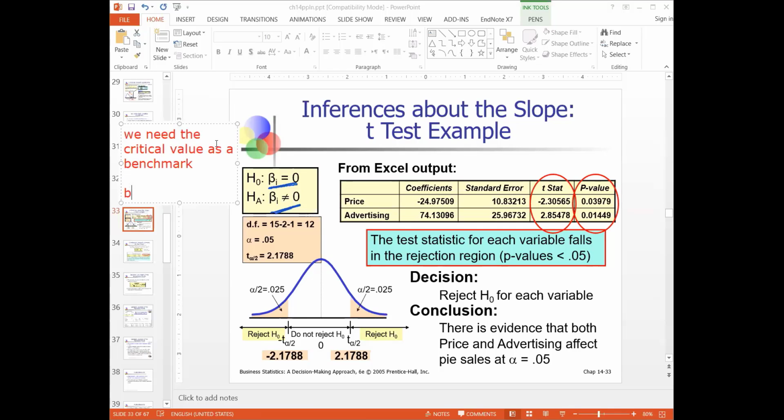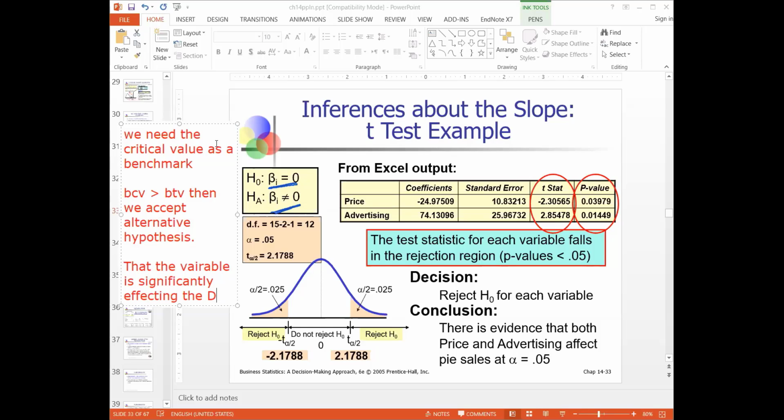And we already know if the calculated value is more than the table value, then we accept the alternative hypothesis. What does it mean? The alternative hypothesis is that the variable is significantly affecting the dependent variable. So the slope is not 0. That's why we use the t critical value. The critical value is shown here as 2.17.